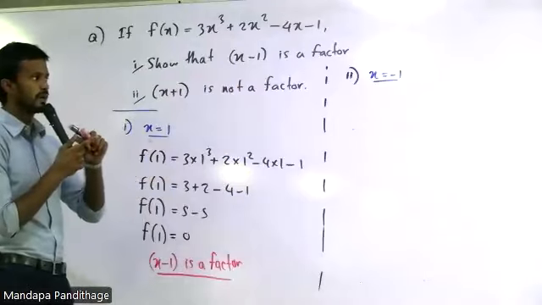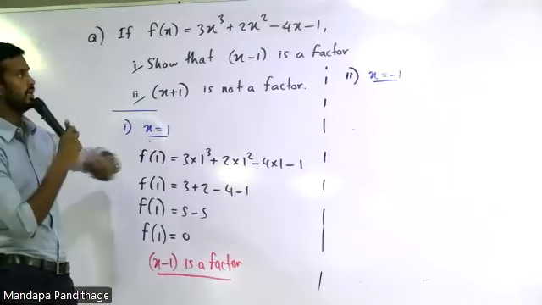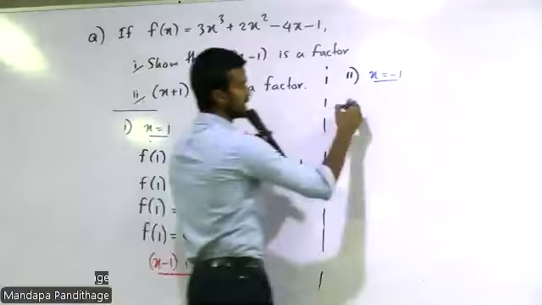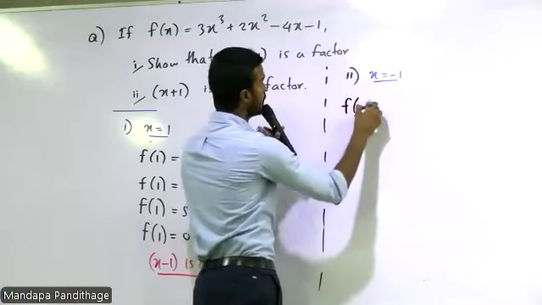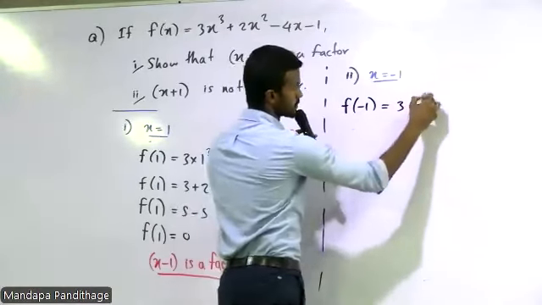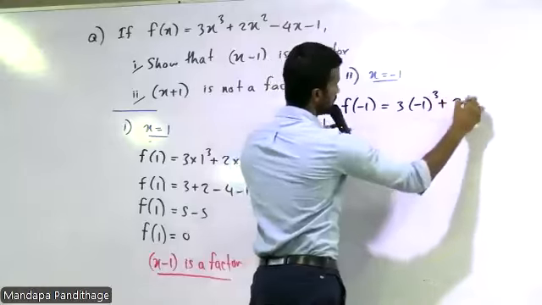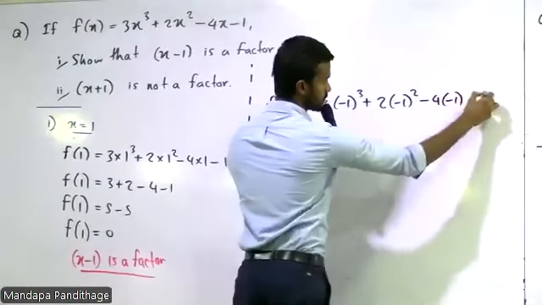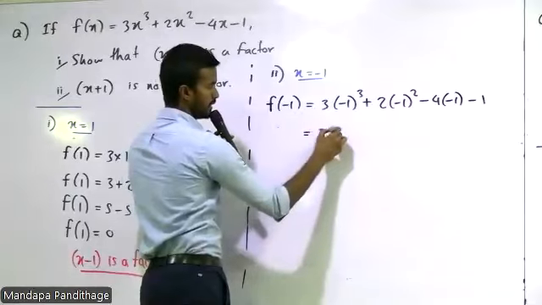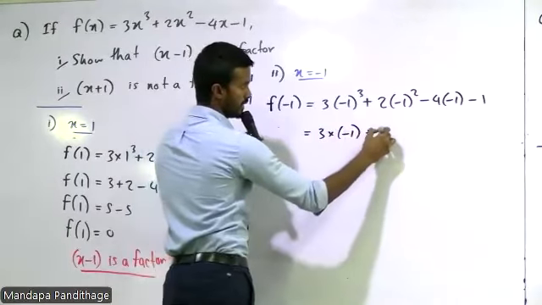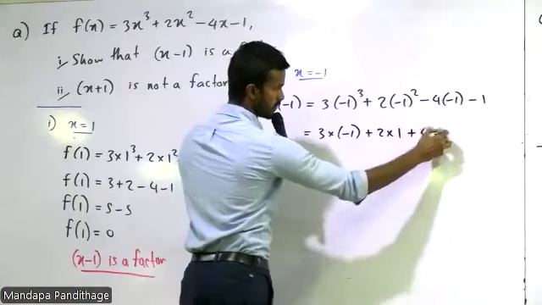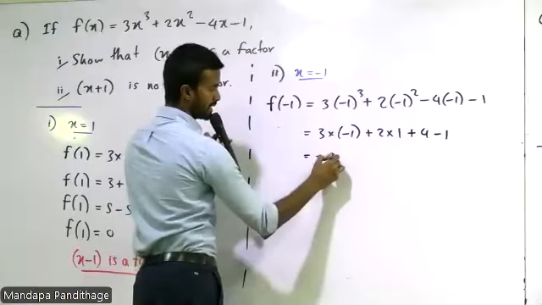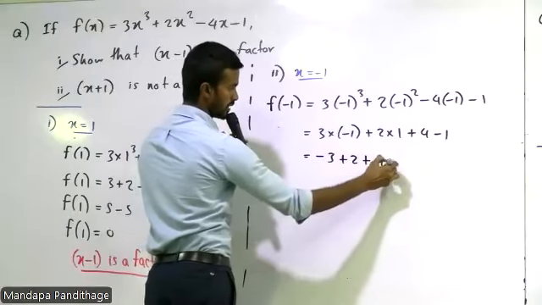Then f(-1) equals 3 into (-1) cubed plus 2 into (-1) squared minus 4 into (-1) minus 1, which is minus 3 plus 2 plus 4 minus 1.